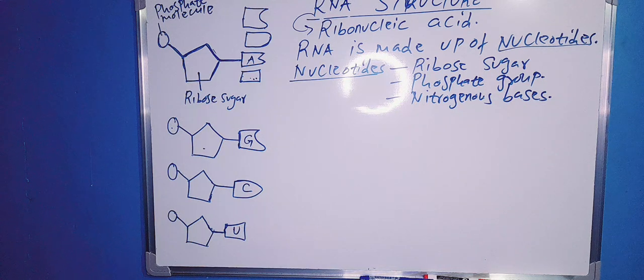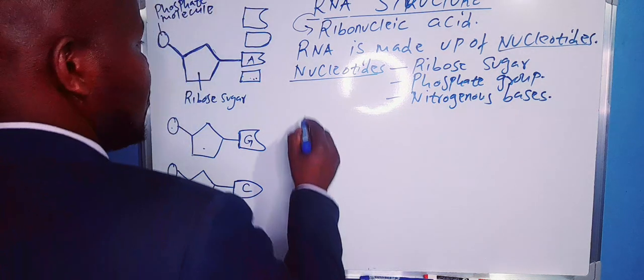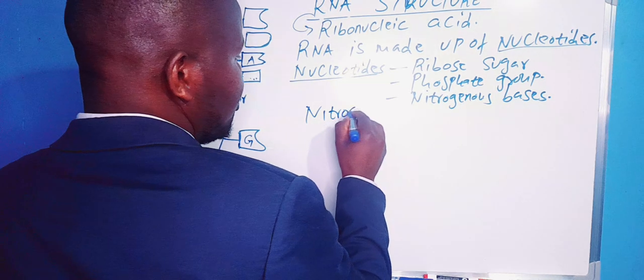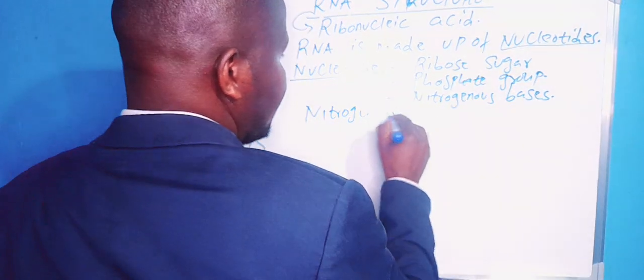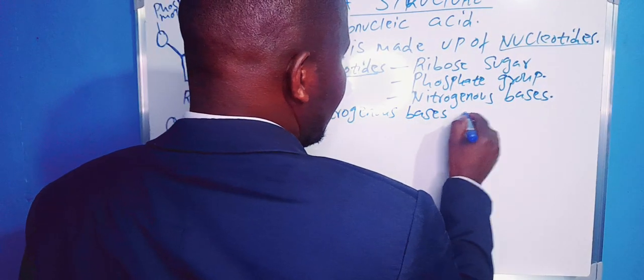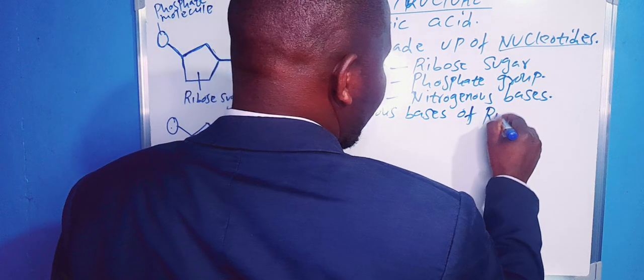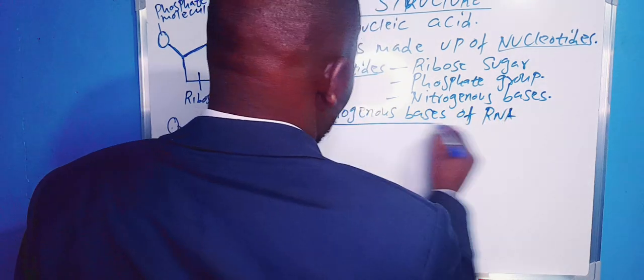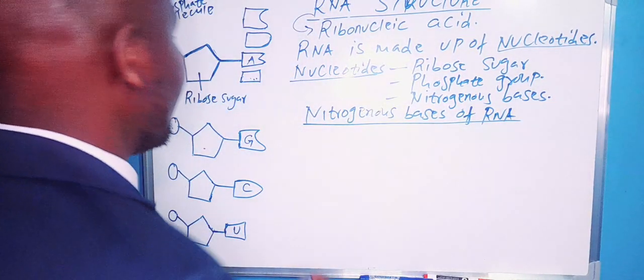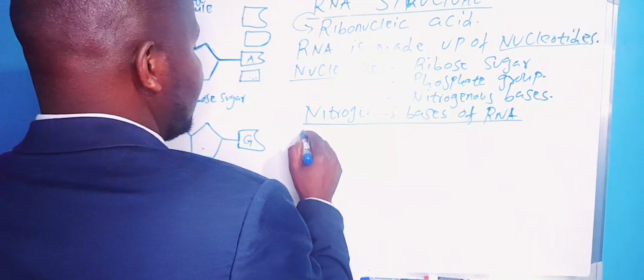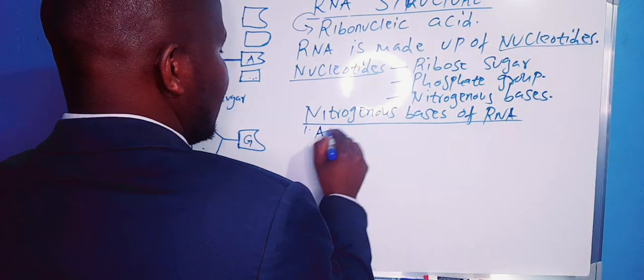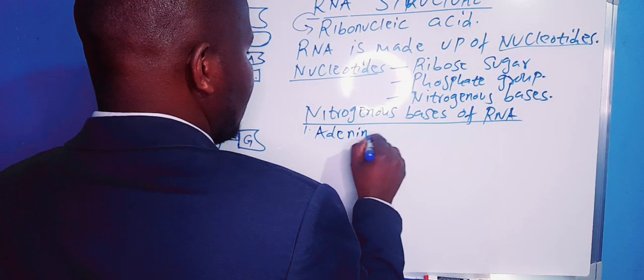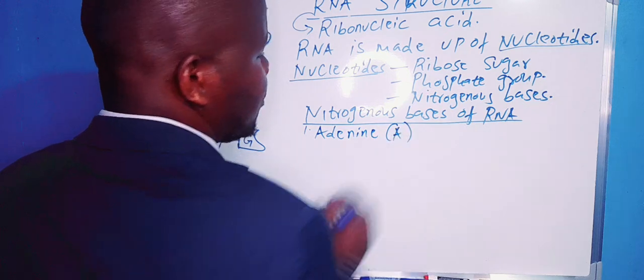Which are the nitrogenous bases of RNA? Our nitrogenous bases of RNA include: 1. Adenine, abbreviated by capital A. 2.